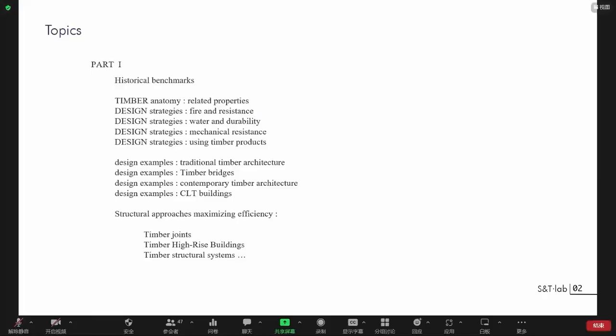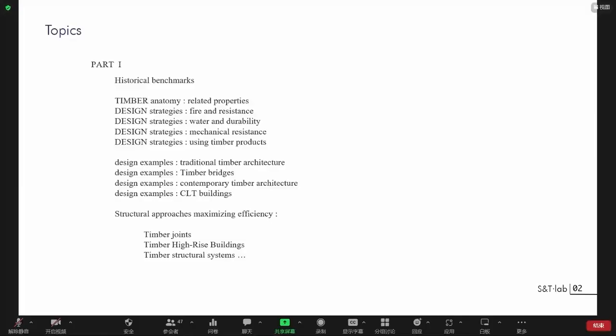Then we will look at several topics: timber anatomy and the related properties that come from it; the strategy for design considering fire and the resistance of timber against it; strategies of design about water and the durability of construction; design strategy according to mechanical resistance; and design strategy about using timber products.